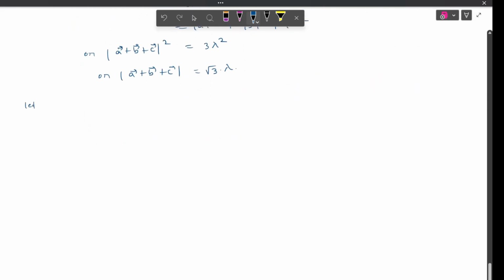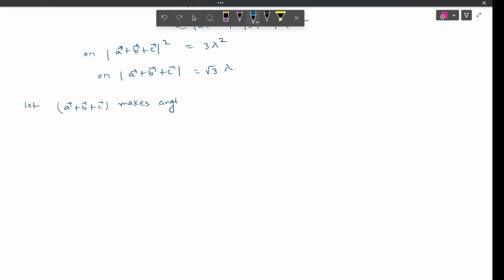Now let a vector plus b vector plus c vector make angles theta 1, theta 2, theta 3 with a vector, b vector and c vector. Then cos theta 1 with a, that is a dot b by mod a mod b.